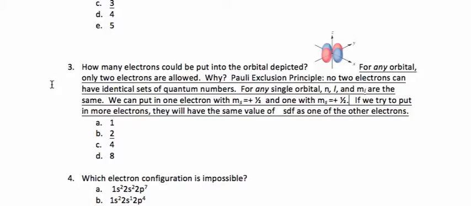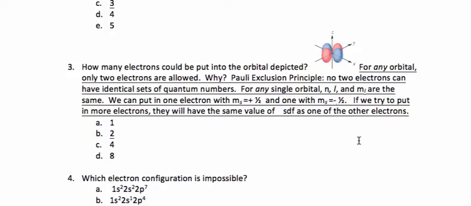So once you've chosen an orbital, you've chosen n, you've chosen L, and if it's a specific orbital, you've chosen m sub L. So the only way to have the electrons have different sets of quantum numbers is if they have different values of m sub s. And there's only 2 possible values of m sub s. One is plus a half, and the other one is minus 1/2. That was a typo. This is minus 1/2 and plus 1/2.